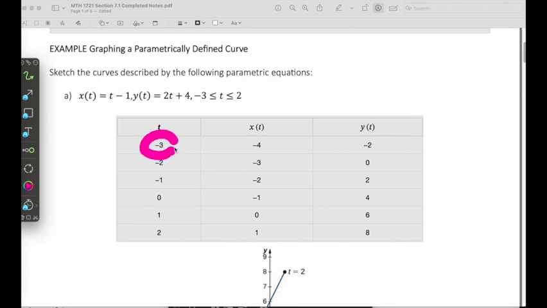So when t is -3, you plug in -3 here, and you get that x is -4. Then when you plug in -3 here, you get that y is -2. And then you go through and do that for each set of x's and y's for each t.